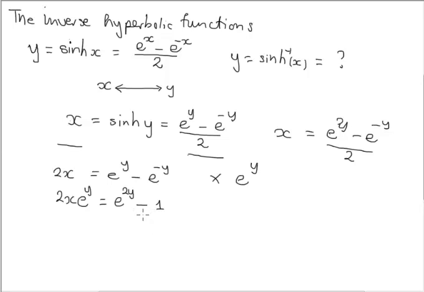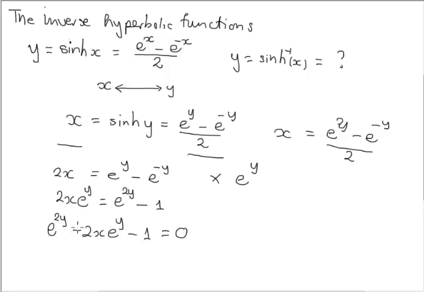Okay. Now, if we subtract this term on both sides of the equation, we're going to get e to the power 2y minus 2x e to the power y minus 1 equals 0.